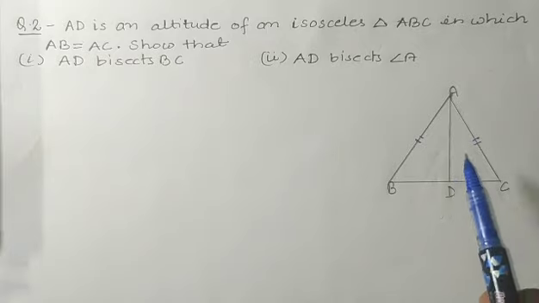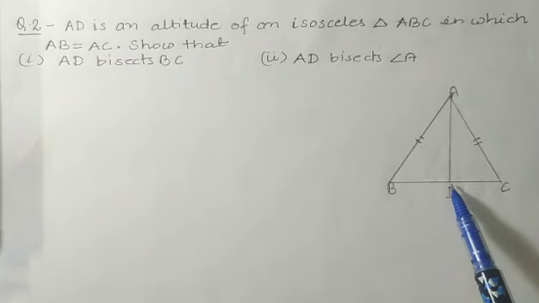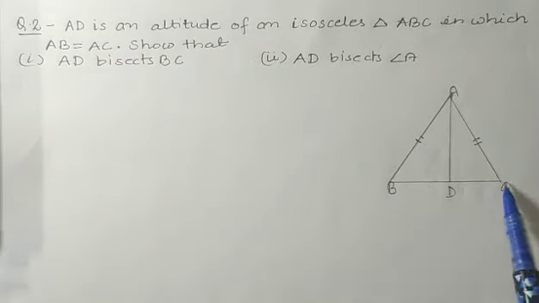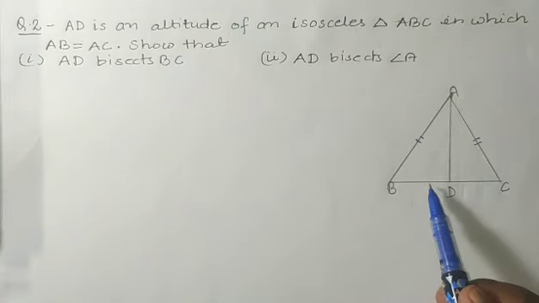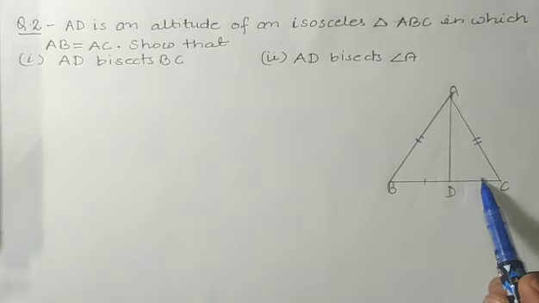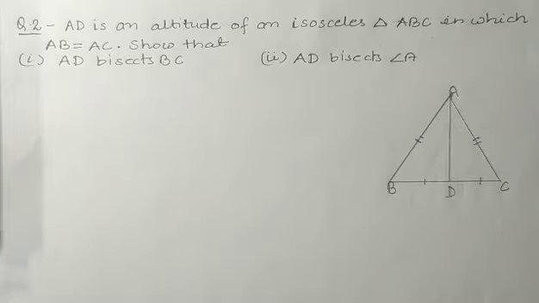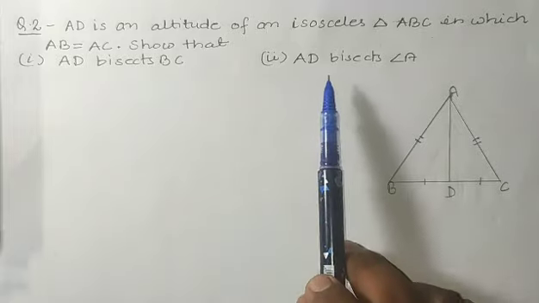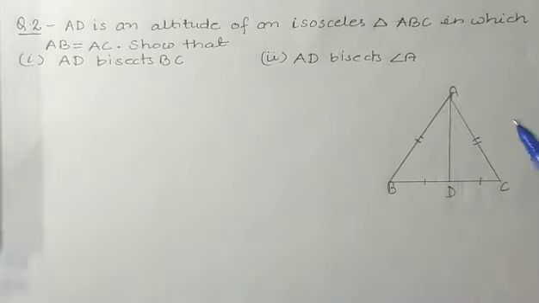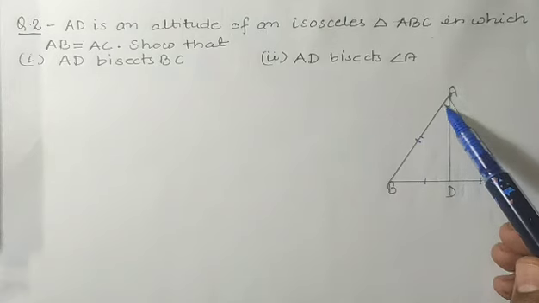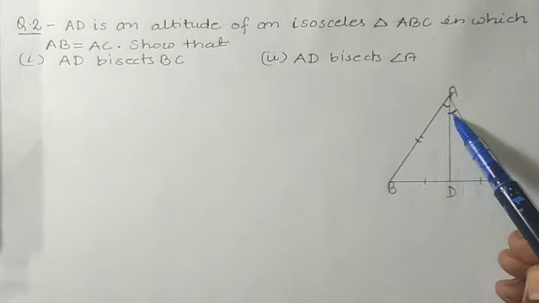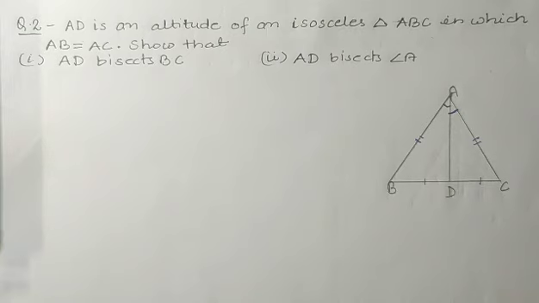We have to show that AD bisects BC, which means we have to show that side BD is equal to side CD. And the second part is AD bisects angle A, so we have to show that this angle is equal to this angle.